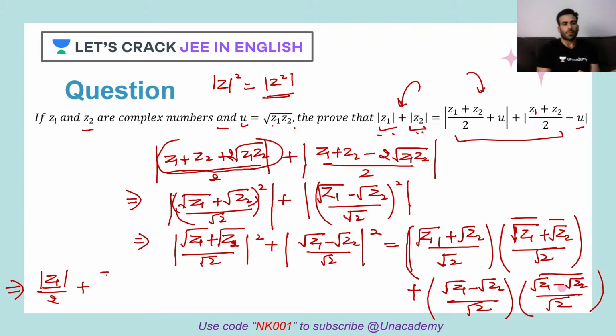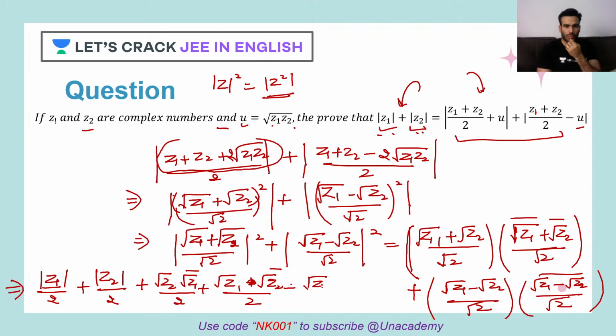by 2. Similarly for z2 also, minus, then we have what? Root z2 root z1 bar by 2 plus z1 into z2 bar by 2, and minus root z2 into root z1 by 2 minus root of z1 into root z2 bar by 2.